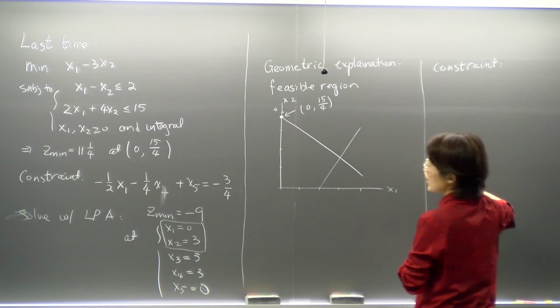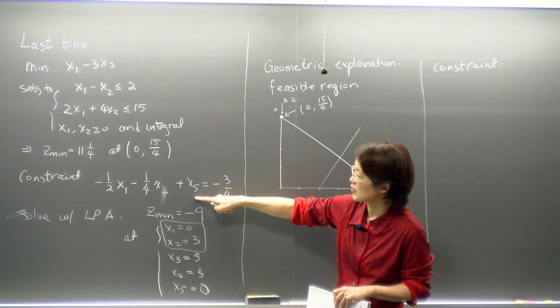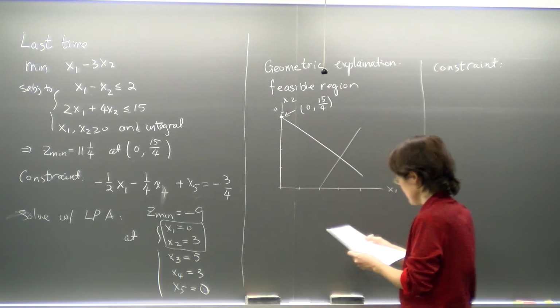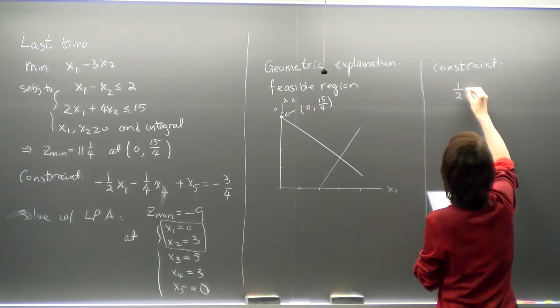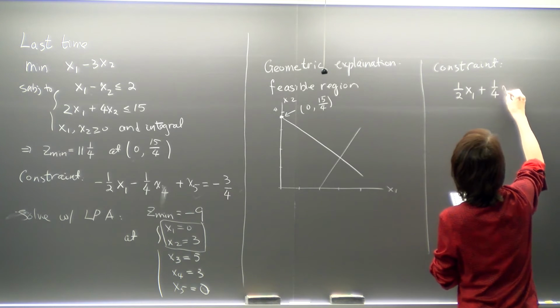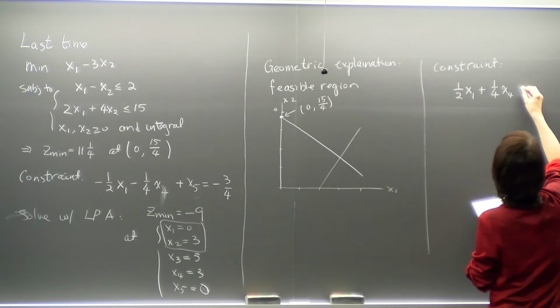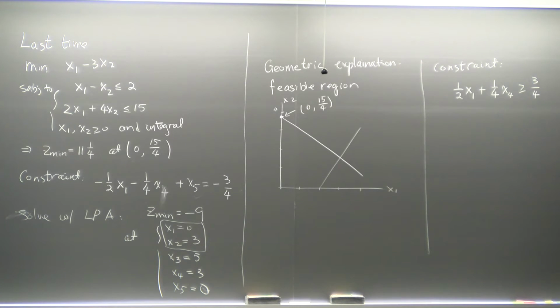So what is the constraint? So you know that x5 is actually some kind of a slack variable for this. You can write it into an inequality. So I will have a half x1 plus a fourth x4 bigger than 3 over 4. Right? That is actually the new constraint we put in. Okay? And I want to rewrite this in terms of the original variables, x1 and x2.